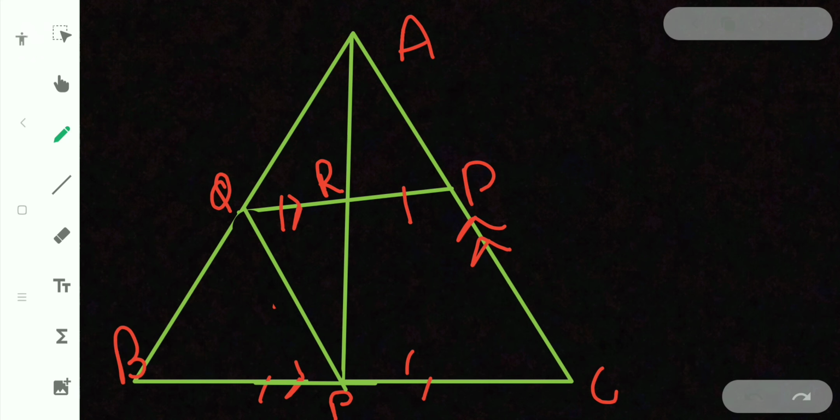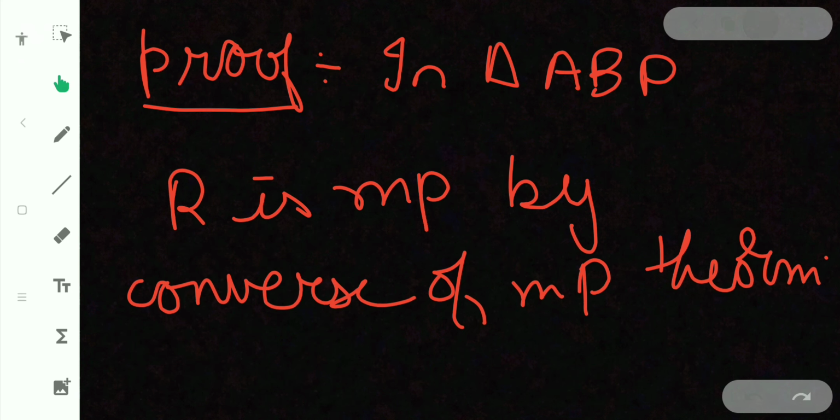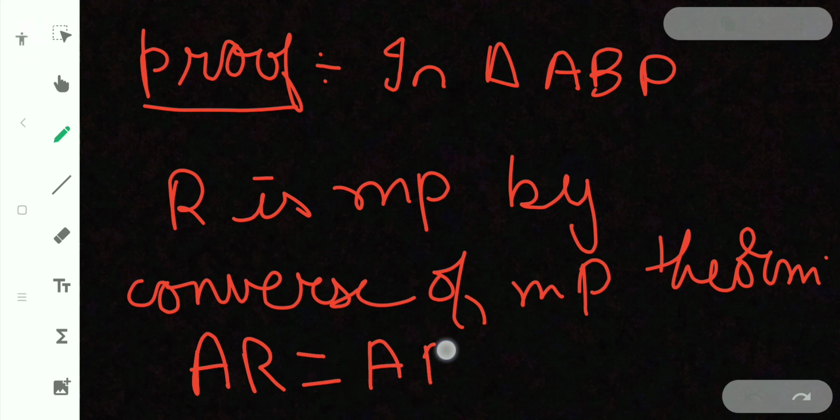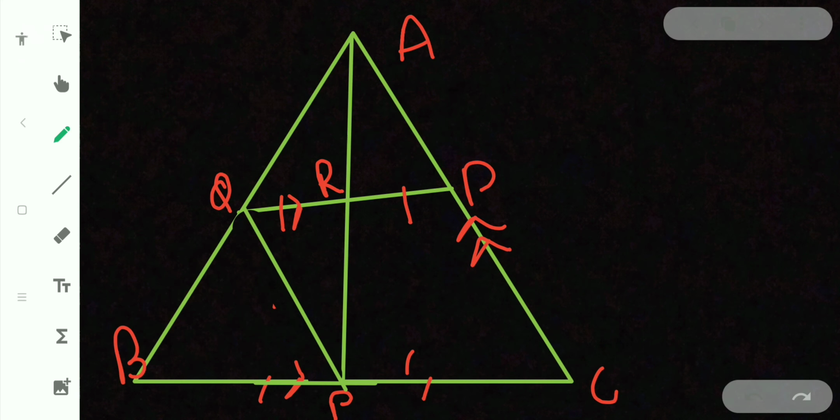By converse of midpoint theorem, we have AR is equal to AP. But this whole is equal to AP, and as this is the midpoint, this will be half of AP.